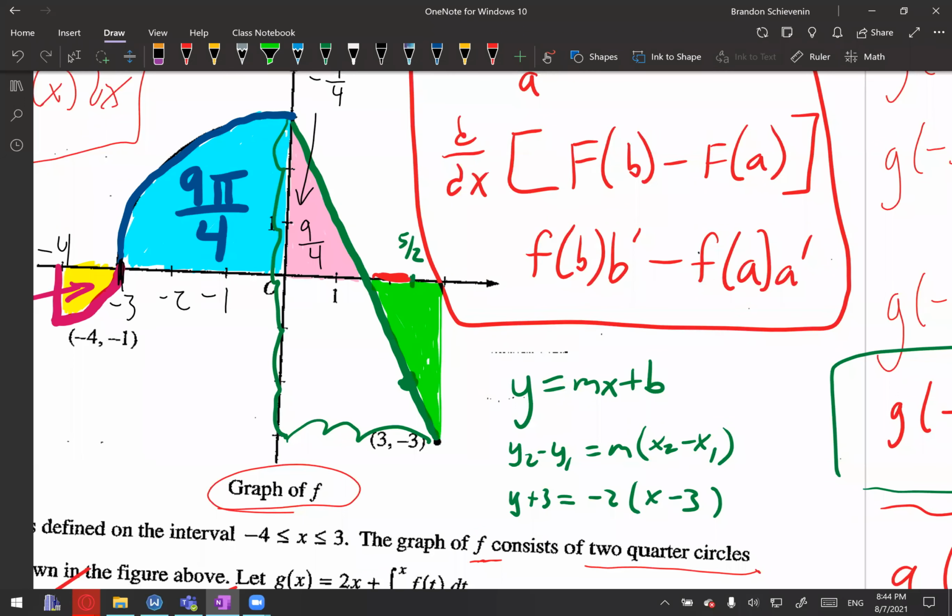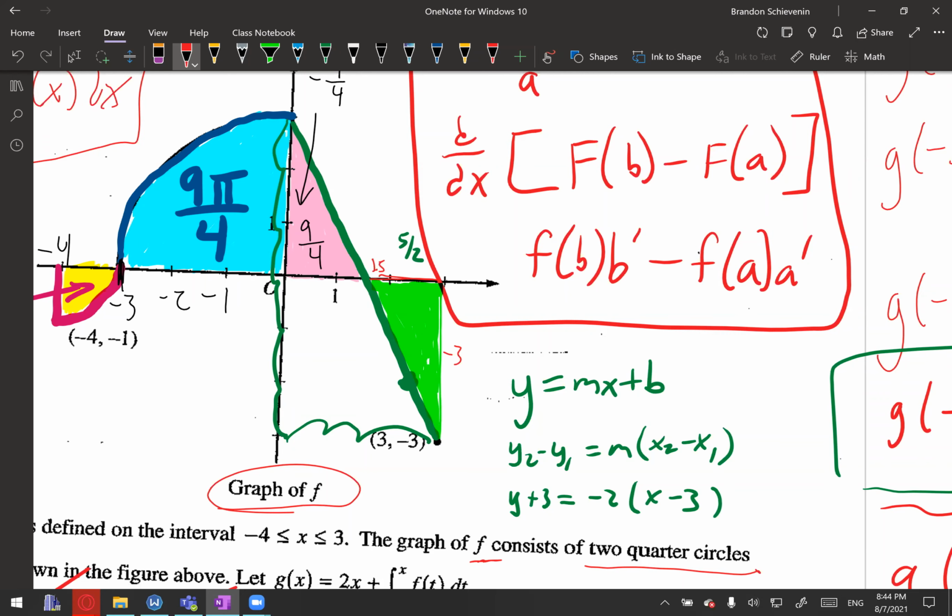So I've actually got 1.5 for the top. So the area is -9/4.